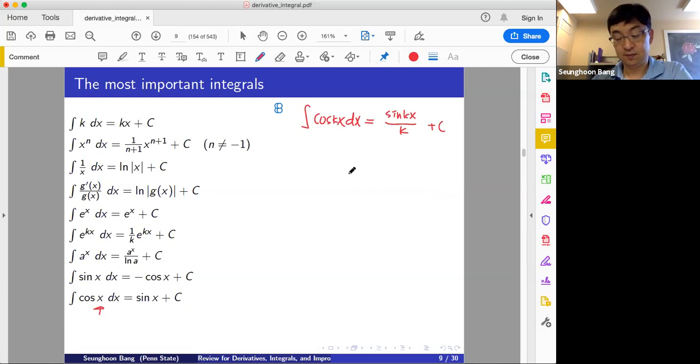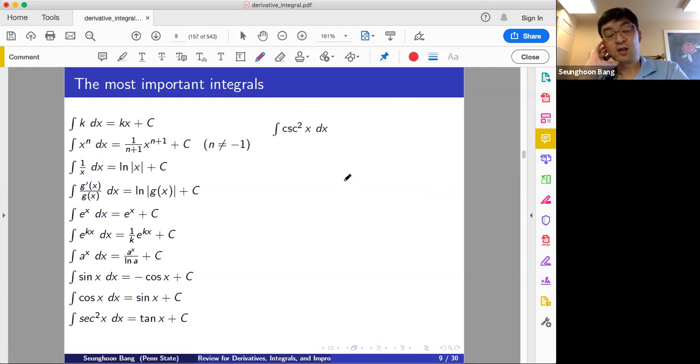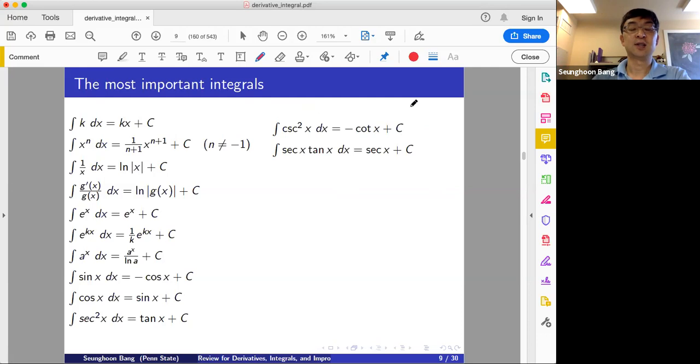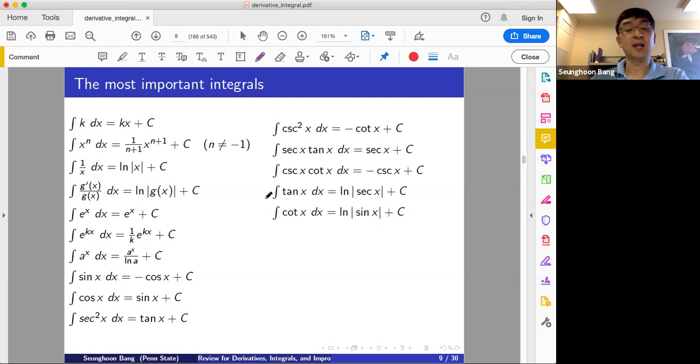The integral of secant squared is tangent. The integral of cosecant squared is negative cotangent. The integral of secant tangent is secant. The integral of cosecant cotangent is negative cosecant. The integral of tangent is ln of absolute value of secant x. The integral of cotangent x is ln of sin x plus c, but you don't need to memorize this one.